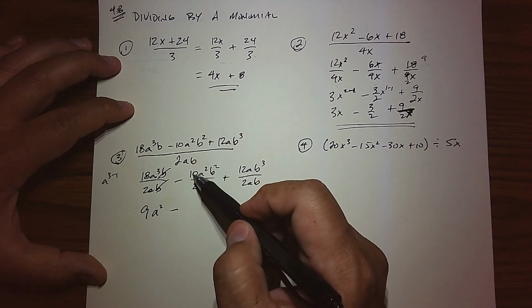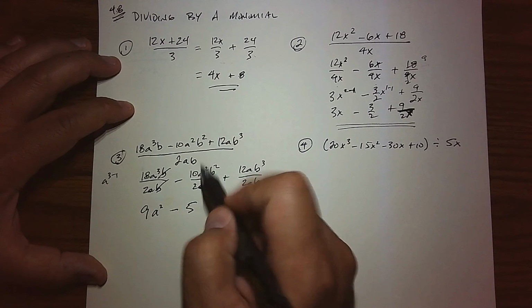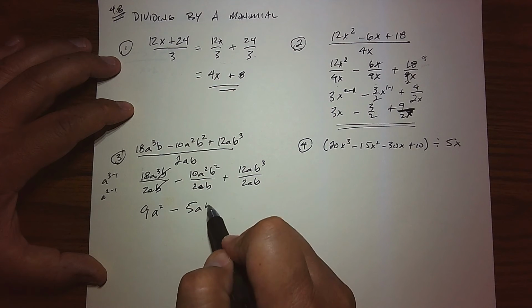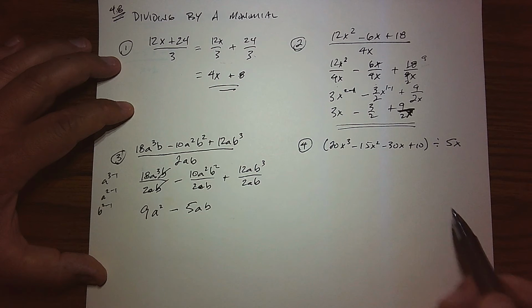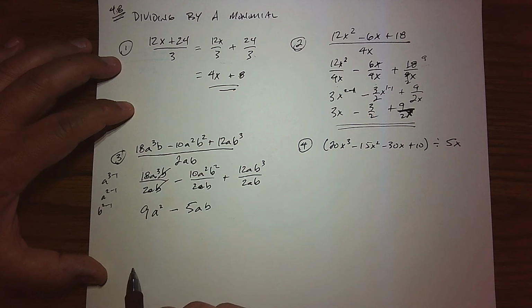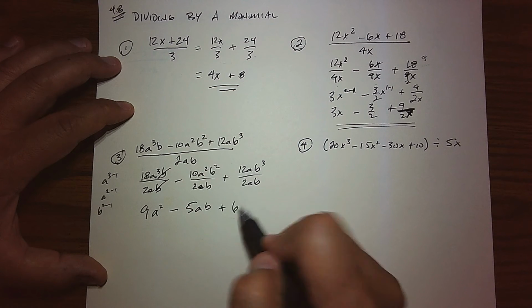What about the next one? Well, 10 divided by 2 leaves us with 5. A divided into a squared, well, again, if you think in terms of our quotient rule, that's a to the first power. And then b squared divided by b, again, that's 2 minus 1, which leaves us with b to the first power. So there's how that fraction simplifies. And then last but not least, 12 divided by 2 is a 6.